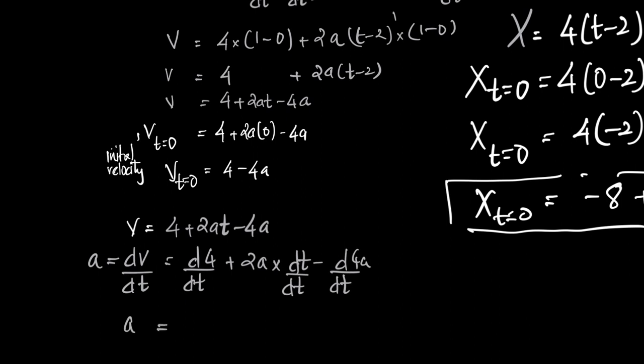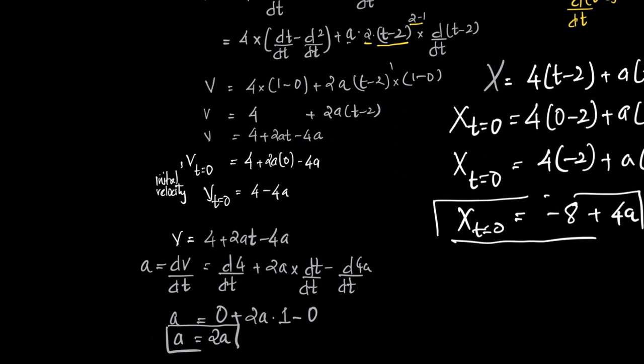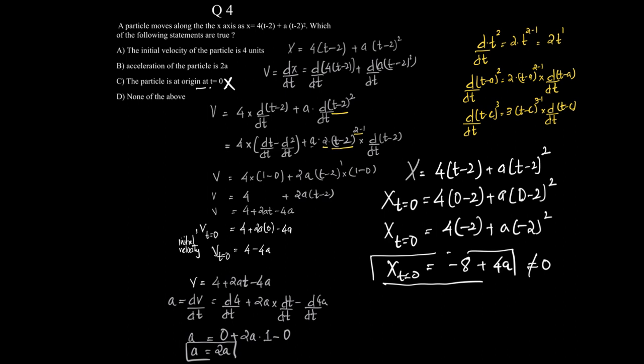So a is equal to d by dt of 4 is 0, plus 2a into d by dt of t is 1, minus d by dt of 4a is 0. So what you get is a is equal to 2a. Now what does the option say? Yes, it says that the acceleration of the particle is 2a. Therefore, the correct option is option B.